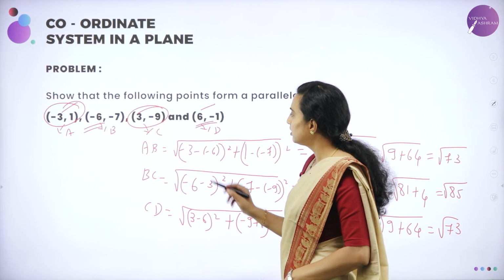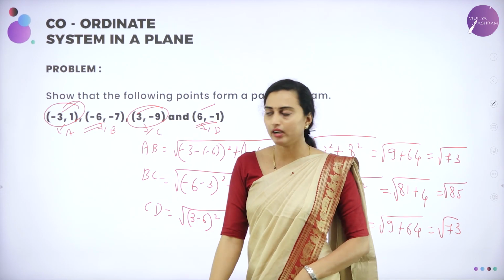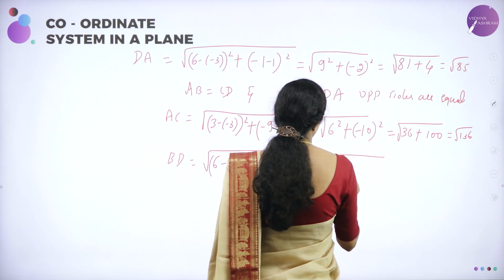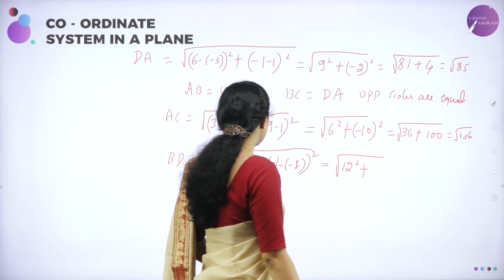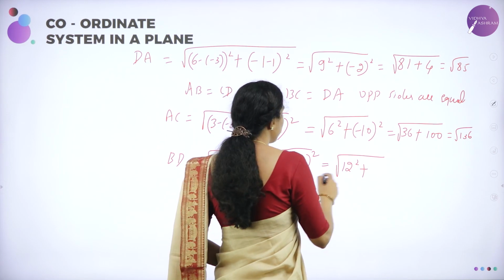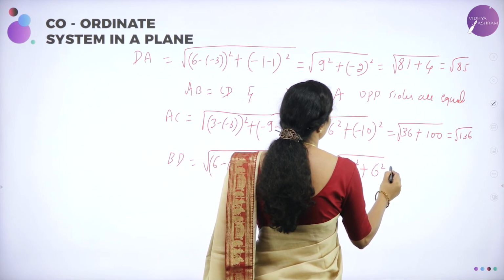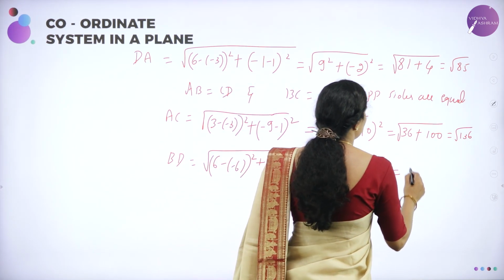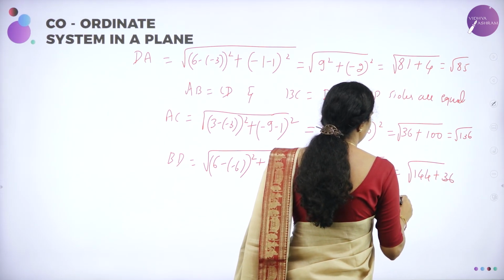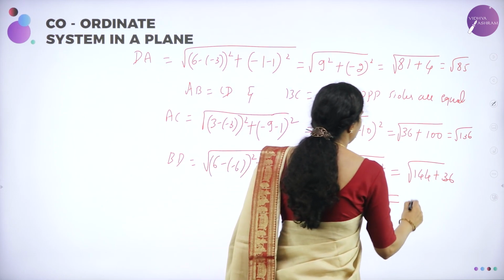Correct? Is that right? Minus 1 minus of minus 7. Right. So the answer will be 6 plus 6, square root of 12 squared, plus minus 1 plus 7. What is minus 1 plus 7? Which is equal to 6 squared. So the answer will be square root of 144 plus 36, which is 180.